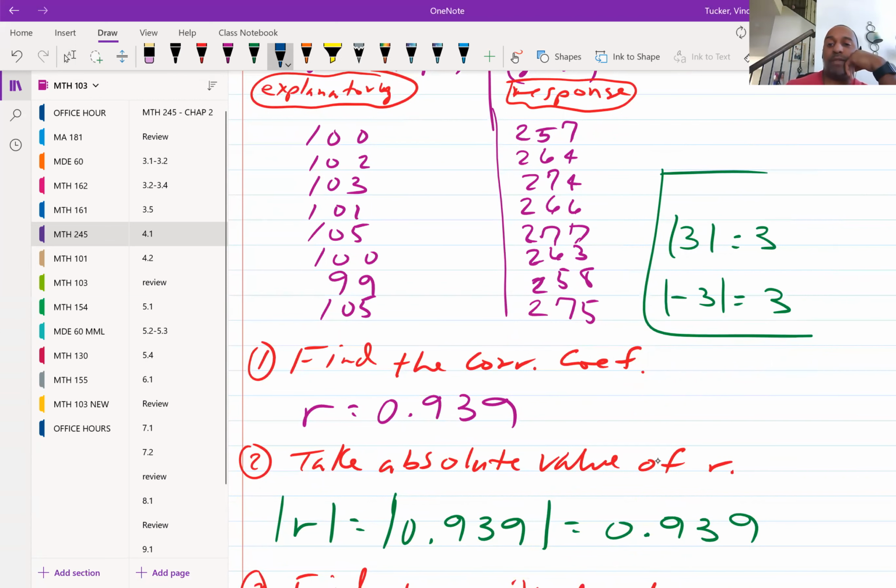If you take the absolute value of -3, your result is still +3. So the absolute value of 0.93 is still 0.93. They just want you to compare the positive representation of your number to your critical value.